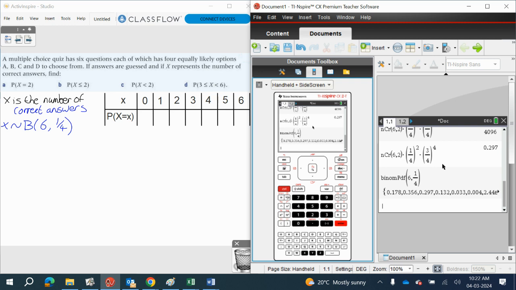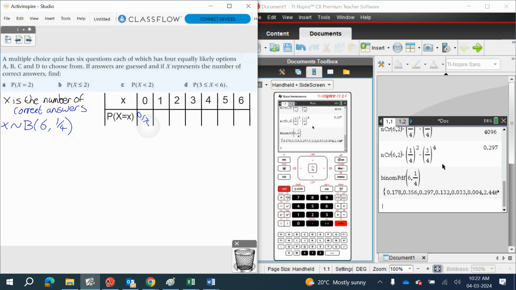So we have 0.178, 0.35, 0.356, 0.27, 0.297, 0.132, and then they start to get really small, 0.033, 0.004, and this one's even smaller.